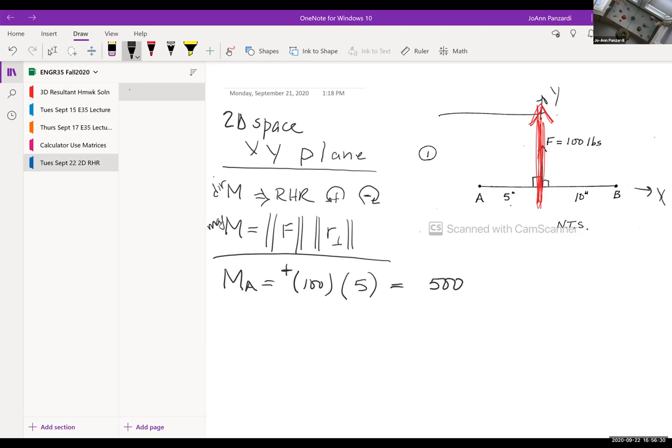And if the force is in the XY plane, what's the moment in? Is the moment in X? Is the moment in Y? Is the moment in Z? It looks like it's an X. Think about this. If I have a pinwheel, you know those things you blow on? And I'm blowing in this direction, and it's going around this way.